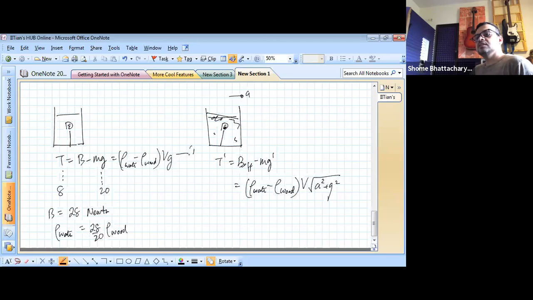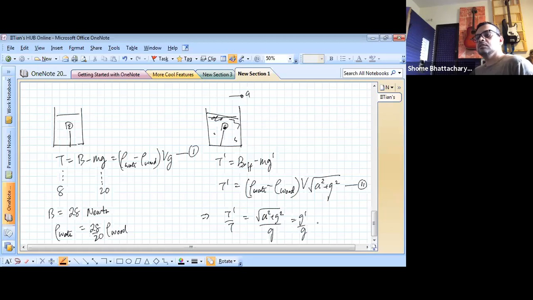So if you just divide these two equations, you'll understand. So T prime by T will be nothing but root of a square plus g square divided by g, like the effective gravity divided by g. So in this case, this is root of 7.5 whole square plus 10 square divided by 10. So you're taking the acceleration to be 7.5 meters per second squared.